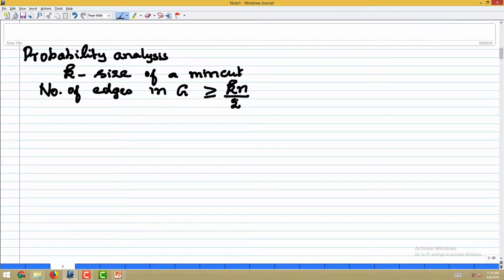Why? You can make use of the simple handshaking lemma.